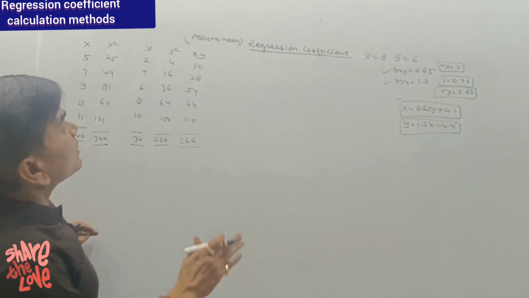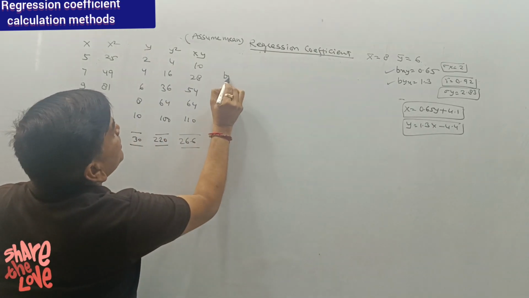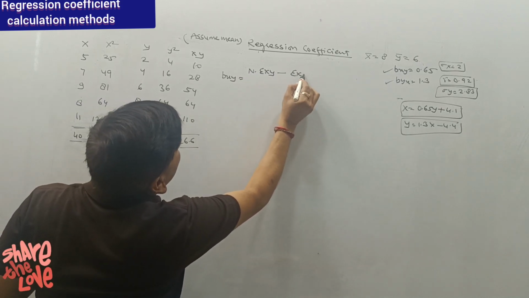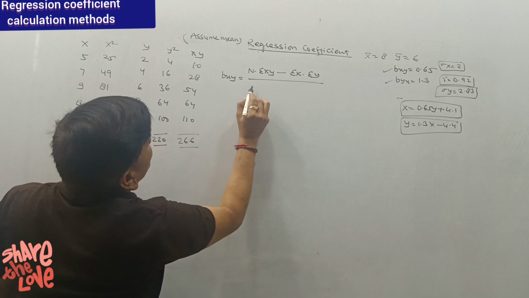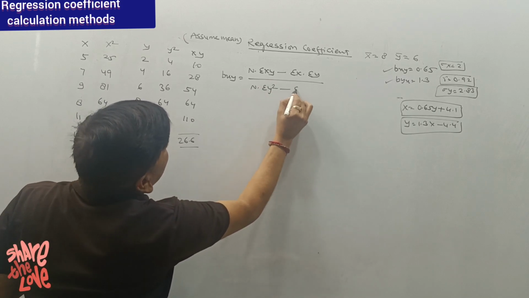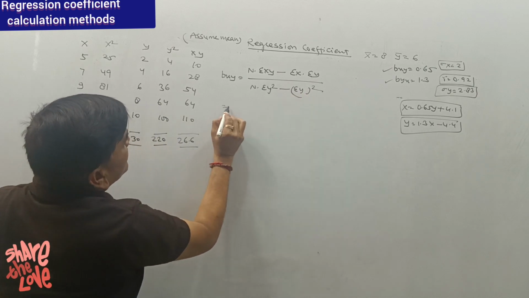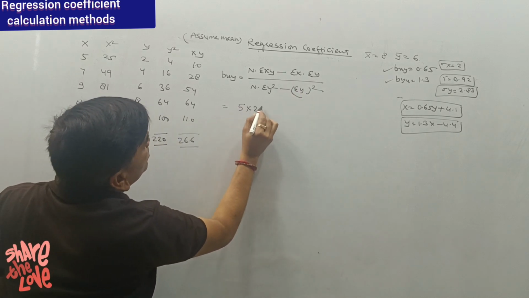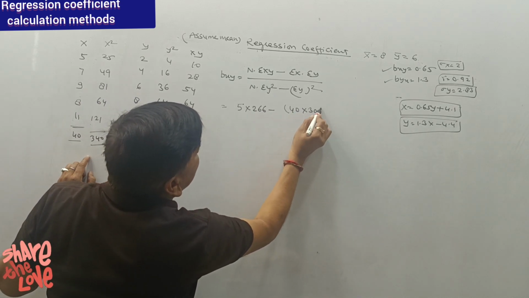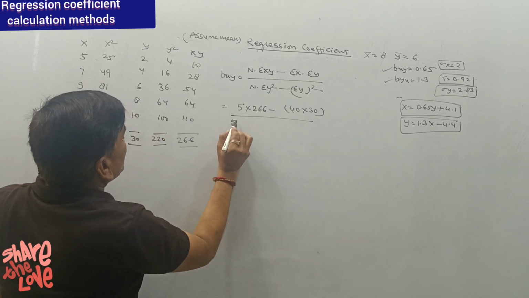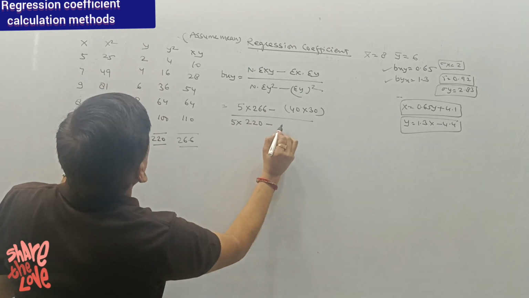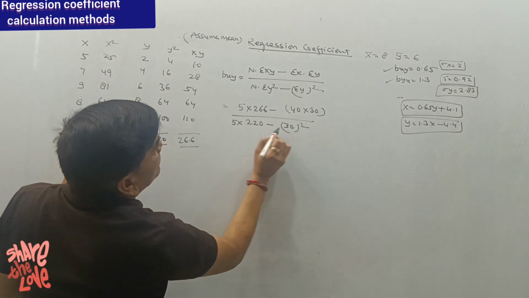Okay. Now for bxy, the formula is n multiply sigma xy minus sigma x multiply sigma y, upon n multiply sigma y square minus sigma y raised to power 2. So 5 multiply 266 minus 40 multiply 30, divided by 5 multiply 220 minus 30 raised to power 2.